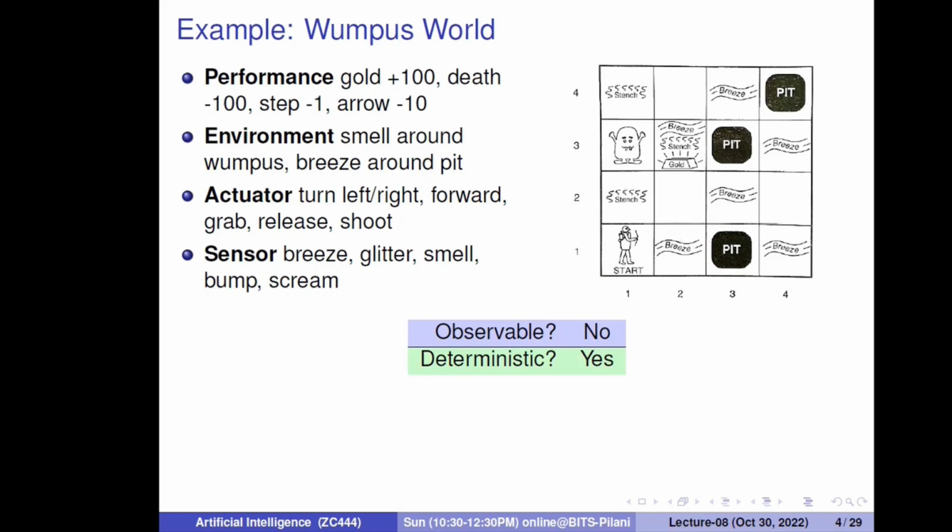Deterministic means that when he has an arrow and shoots, it is not the case that with a 50% probability the vampus is going to be killed. If he does something, that outcome happens. For example, with the pit, if he goes into this particular cell, he would be inside the pit. It is not the case that he might not be. Every action is deterministic. If you want to do that, that thing will happen. Is it episodic?